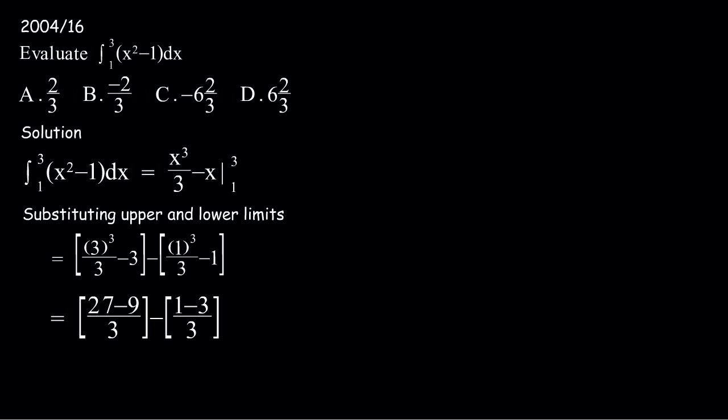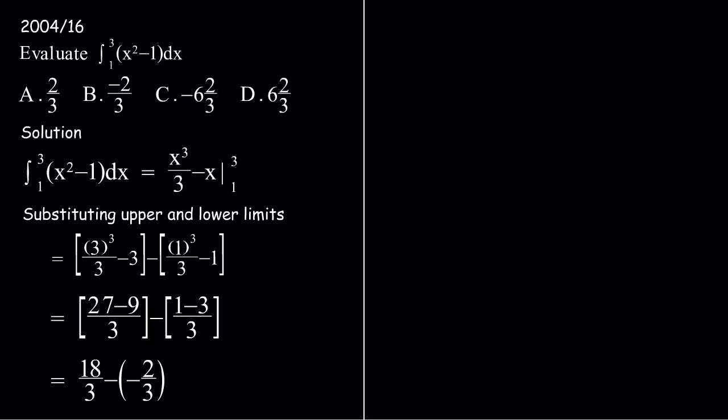Simplifying further, it will be equal to 18 divided by 3 minus, in bracket, minus 2 over 3. Our minus is going to multiply and become plus, so we are left with 18 divided by 3 plus 2 over 3, which is equal to 20 divided by 3, and converting it to a mixed fraction, it is equal to 6 whole number 2 over 3, and the correct option is D.